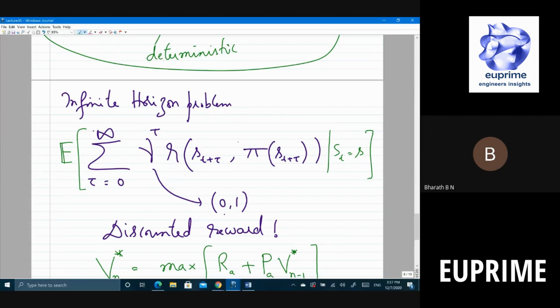Now I put an advertisement. Do I know beforehand the reward? That means, do I know beforehand that you're going to click that particular thing for sure? No. You are going to click with a certain probability, or not click with probability 1 minus that. So that is a random reward that I get. Is that fine?